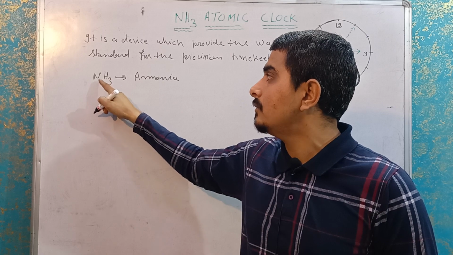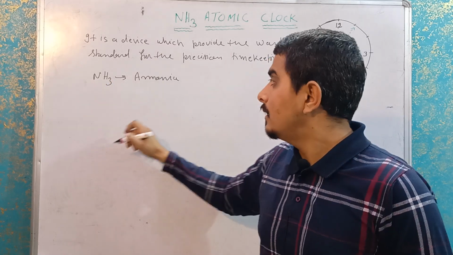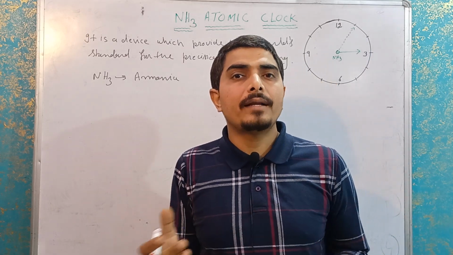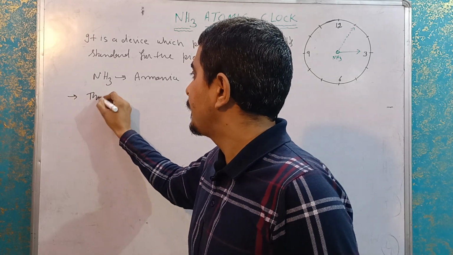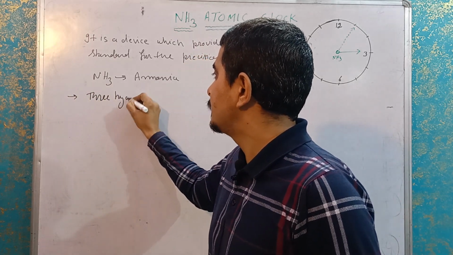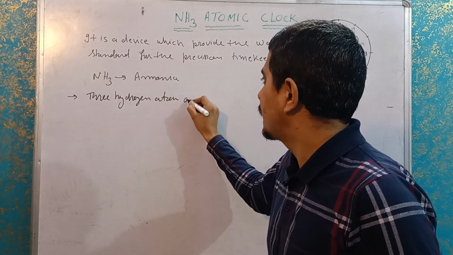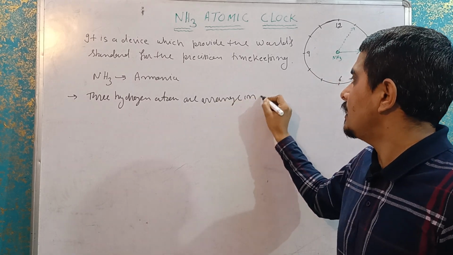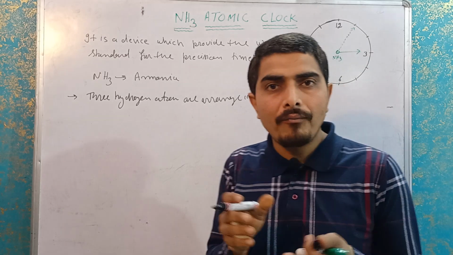The 3 hydrogen atoms are arranged in a plane, or we can say in the shape of a pyramid.